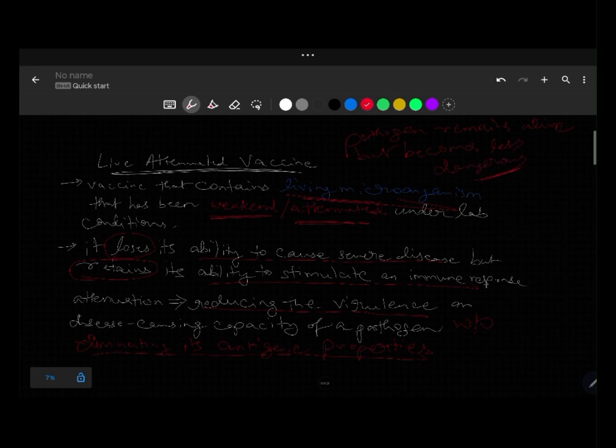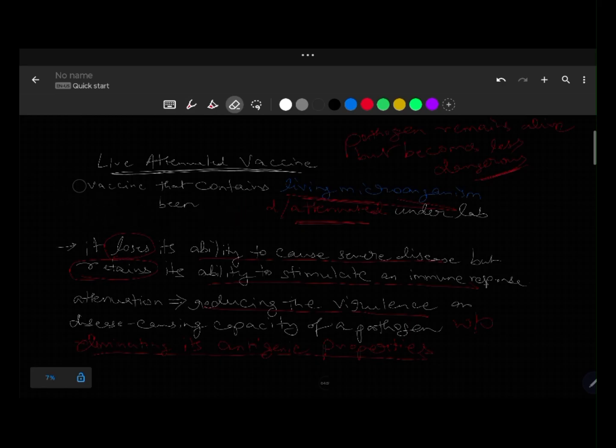So this is what it means. This live attenuated vaccine generally mimics a natural infection, and it allows the immune system to generate a broad and durable immune response. So this is the basic background of live attenuated vaccine.